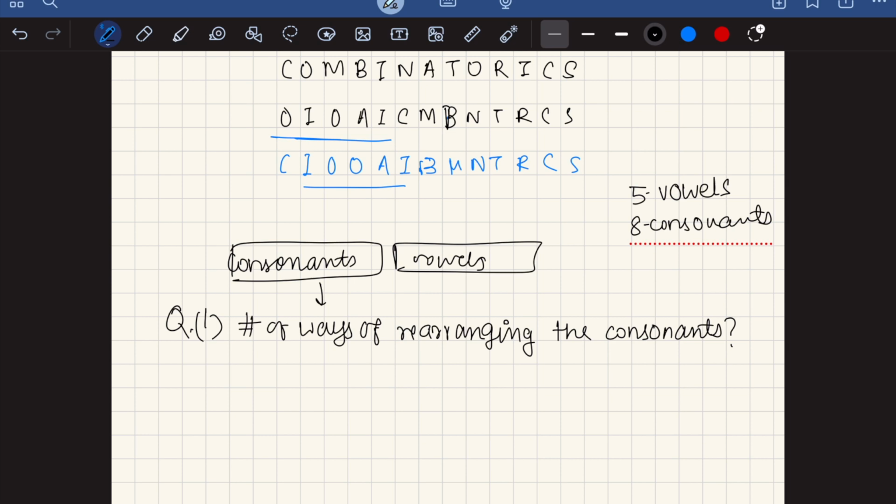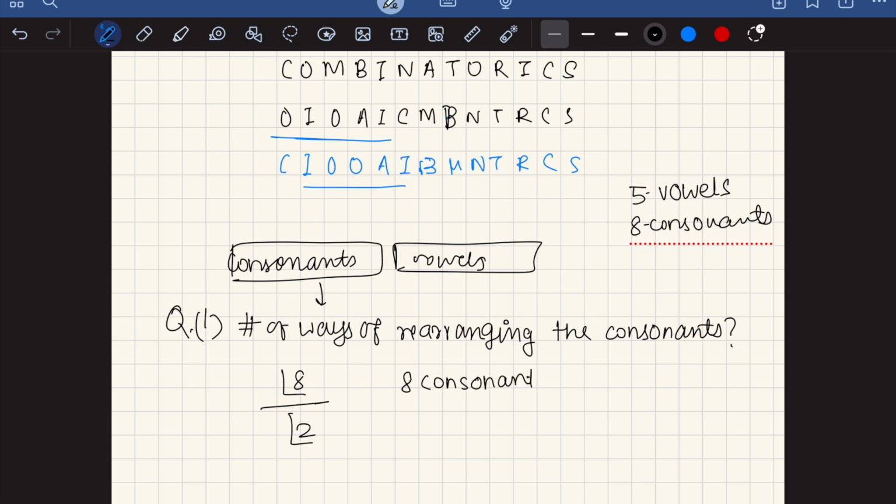One of you has got it. So the answer is 8 factorial divided by 2 factorial. Most of you guessed 8 factorial, which is because there are 8 consonants, and you can arrange them in 8 factorial ways. That is correct.